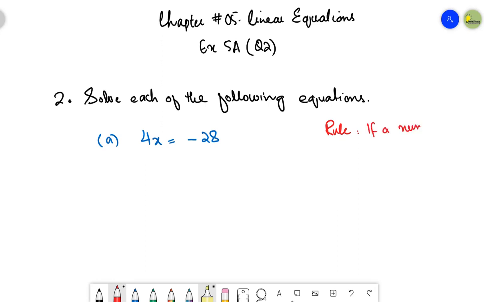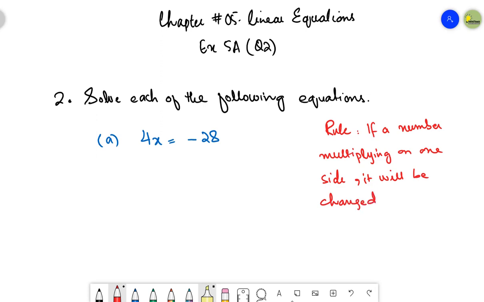If a number is multiplying on one side, it will be changed into division when moved to the other side of the equation.